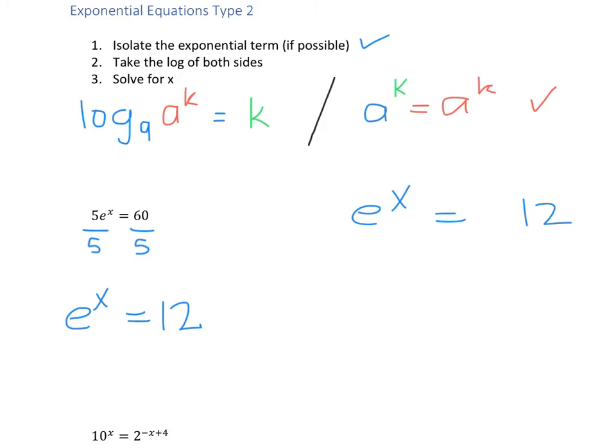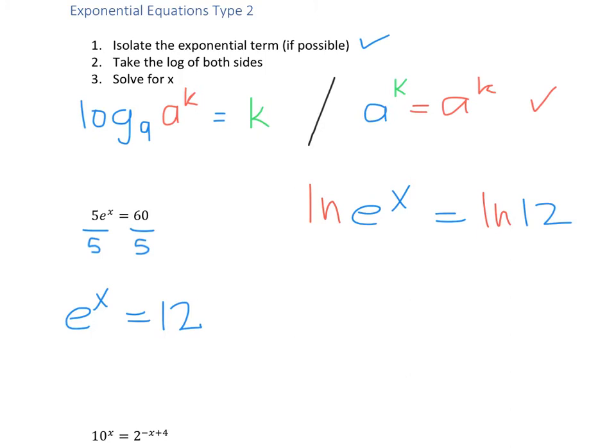Let's go back to our problem where we want to take the log of both sides. We want to take a log that's going to have the same base as that has the variable in the exponent, so we can get that variable out of the exponent. So let's take the natural log because that has the base of e. Natural log e to the x, natural log 12. As long as we do the same thing to both sides, this keeps the equation.